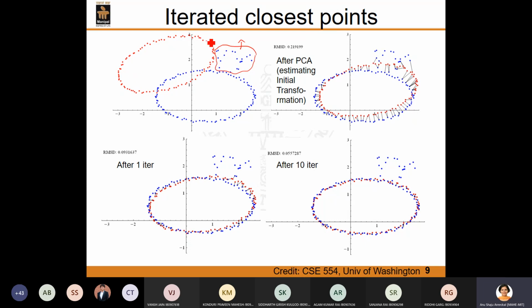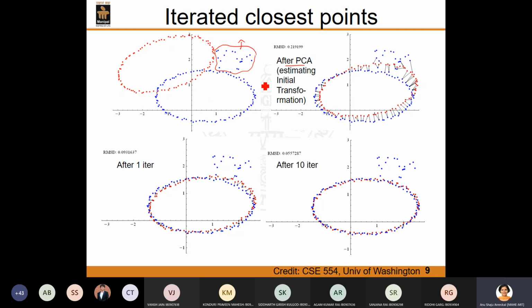Anyway, so let's say you have the source set and the target set, and you're trying to find the correspondence between these two. In the iterated closest point, first you find an initial estimate. In this case, the initial estimate is found using PCA, principal component analysis. Basically, it takes the axes of these two sets and does rotation and translation to align them, since we take the principal components and align them.